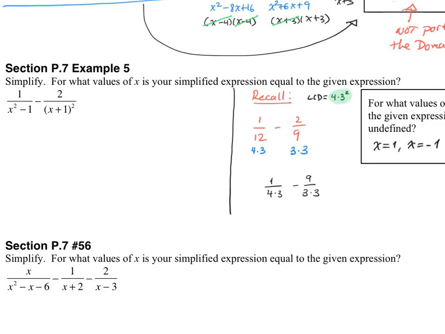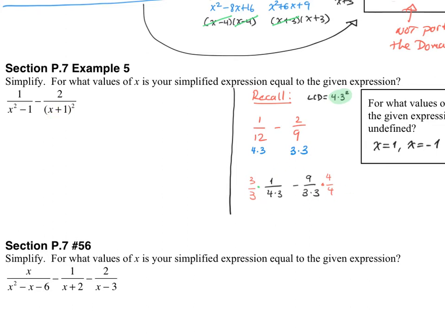So now the question should be, what is this missing from the LCD? And the only thing missing is the number 3. So multiply by 3. What about this one? Well, this is missing 4. I know this looks pretty weird, but this is how these problems are going to be pretty easy to do.